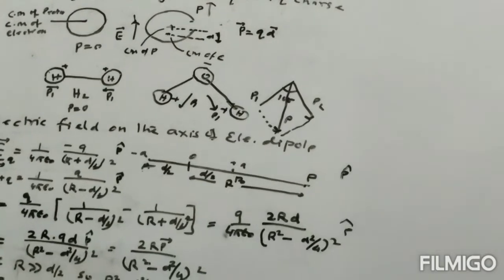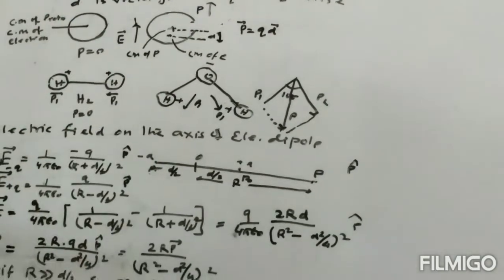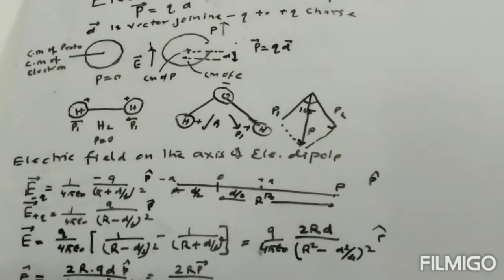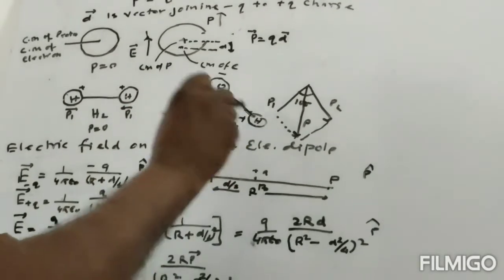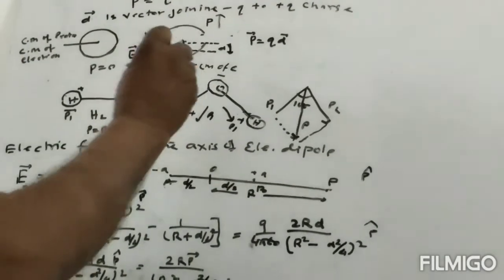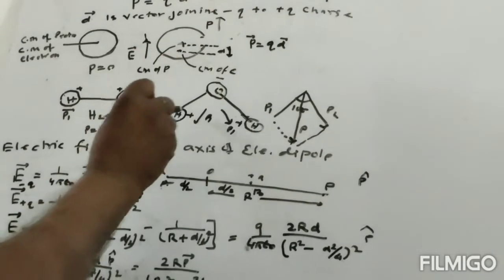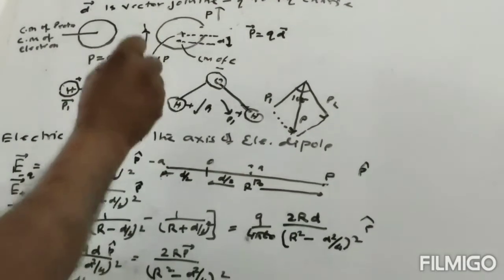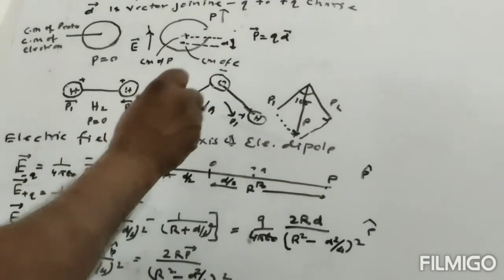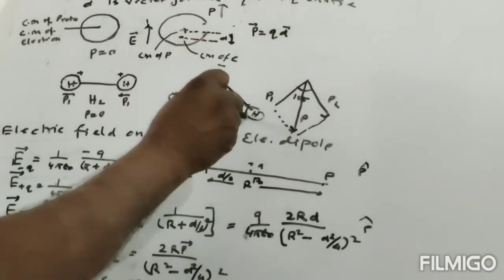Now if we take the case of the water molecule, it contains H2O: one H, another H and O. The negative charge center is here, and positive charge is here and here. So the dipole moment for one OH is P1 this side, and the other OH is P1 this side.